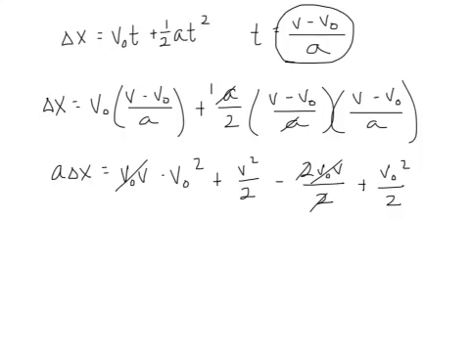And now if I multiply both sides of the equation by 2, I get 2a delta x equals v squared minus v naught squared.